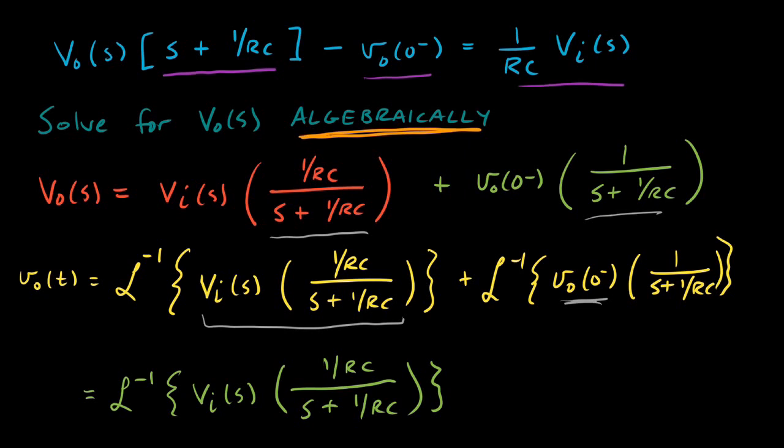But then I'll highlight what we'll get for the initial condition response. So that's going to be plus V out of 0 minus times e to the minus t over RC. Okay, so this is just going to be a scalar times an exponentially decaying waveform. So this part we can handle directly as long as we know what that initial condition is.